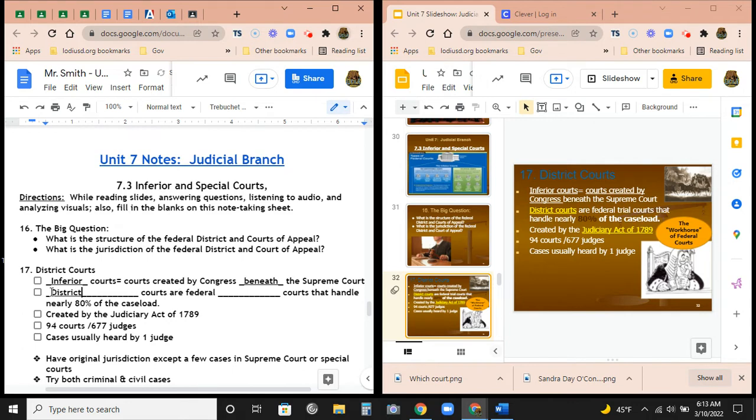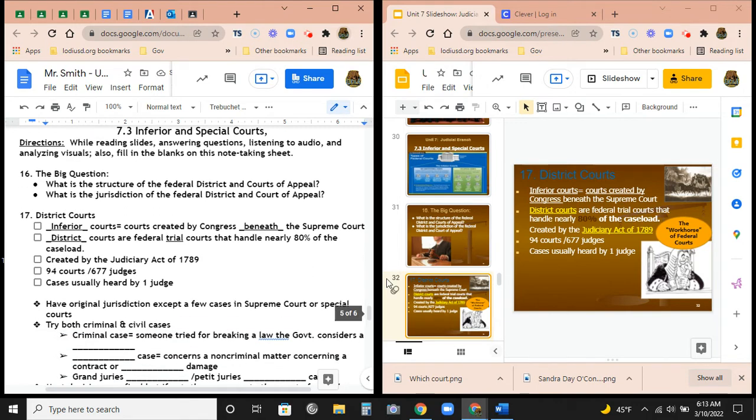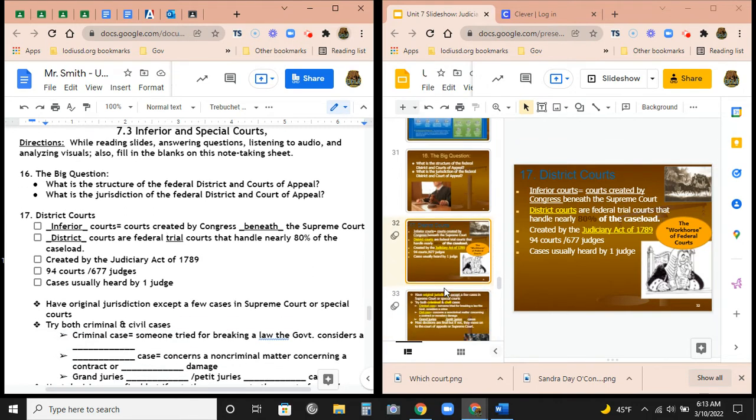The nicer it looks, the more you'll care about what you're writing down and think about it. And these are the federal trial courts. Most of federal cases come through the district courts. All right, let's go to the next topic.